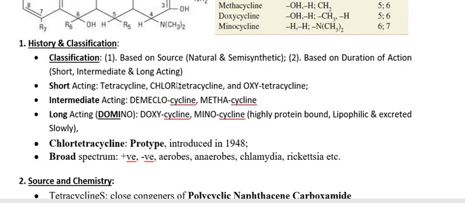That means from chlortetracycline we removed one methyl group, and as a result we received another antibiotic, which we call demethylchlortetracycline, or in short demeclocycline. In this the methyl group is important, so the other one is methacycline. So the intermediate-acting tetracyclines are two types: demeclocycline and methacycline.